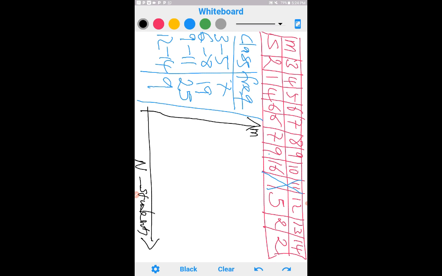So here this class is, let me use a different ink, we have 3 to 5, 6 to 8, 9 to 11, 12 to 14.